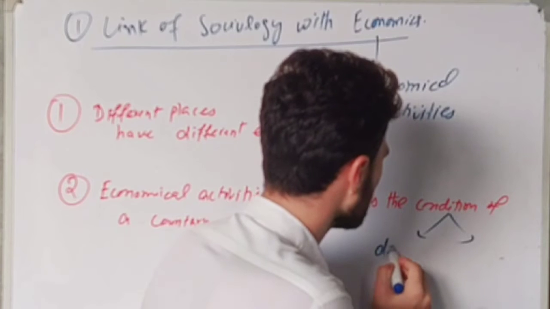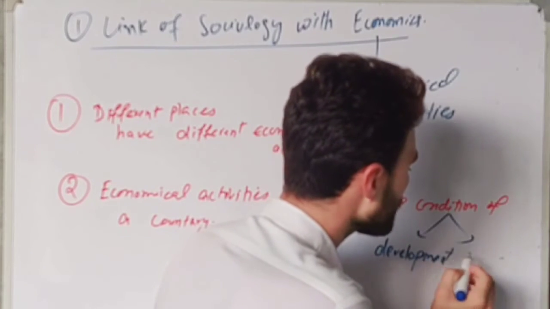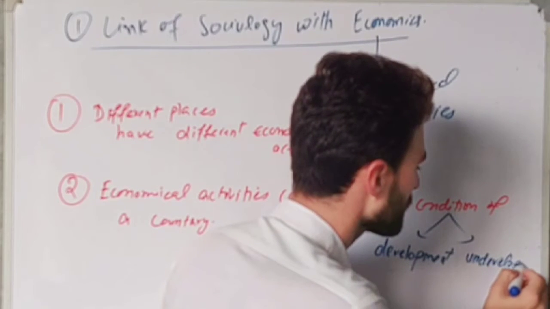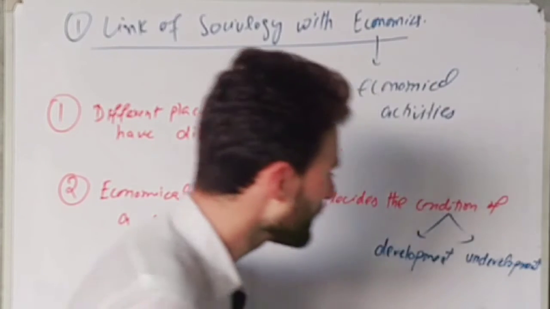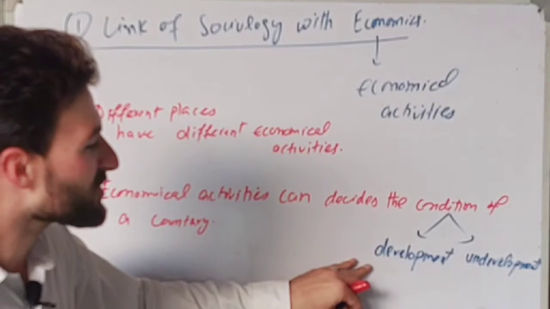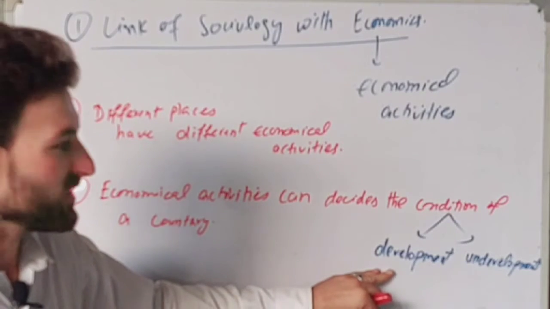One can be development, and the second one will be underdevelopment. If the economical activities are proper, then the country will be a developed or prosperous country.